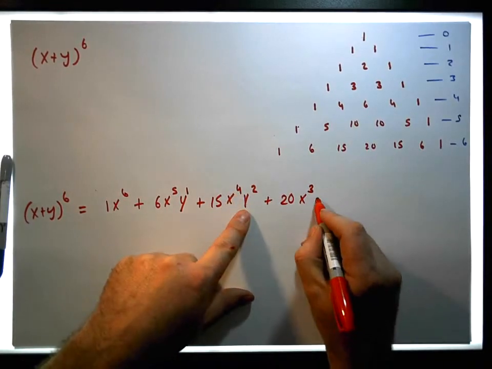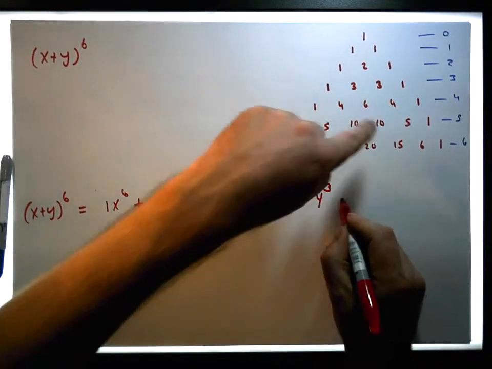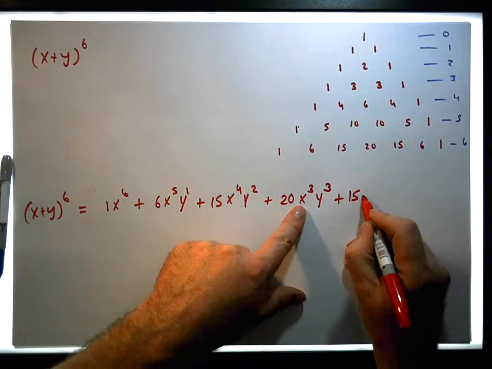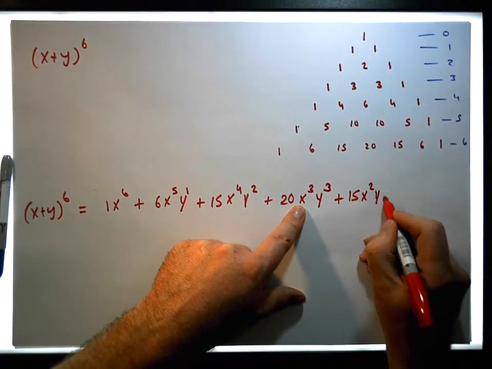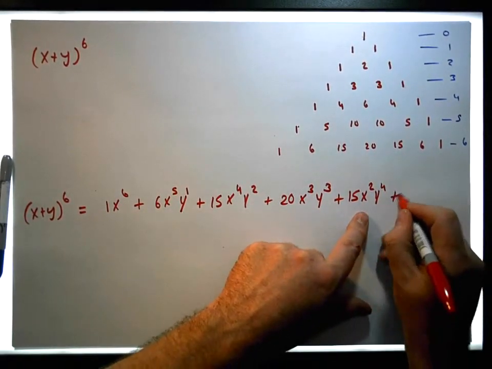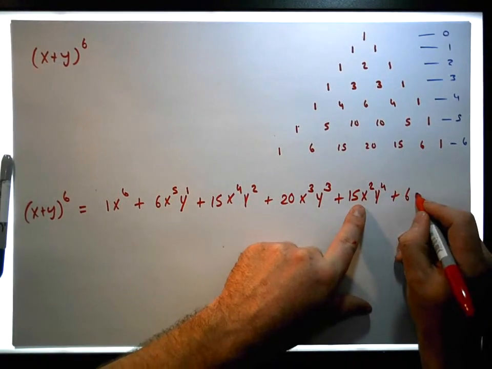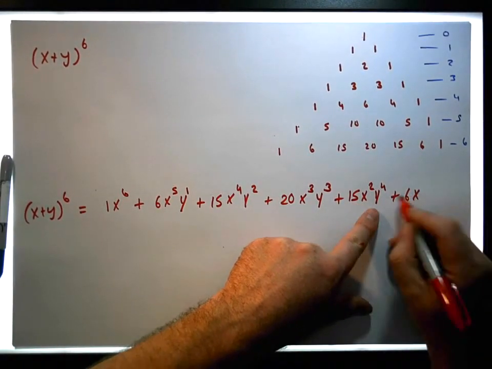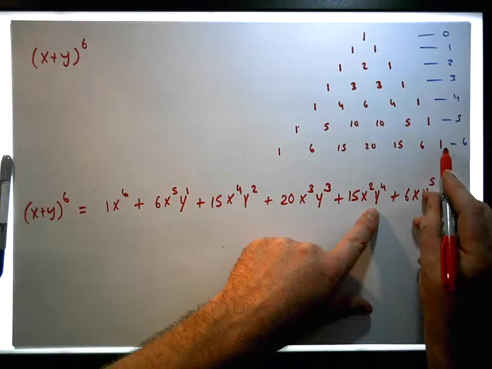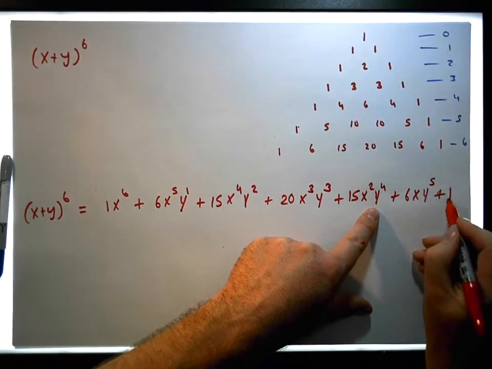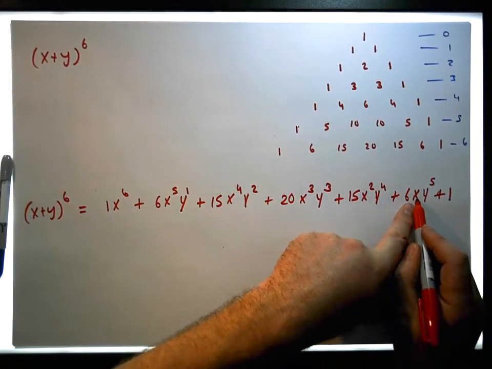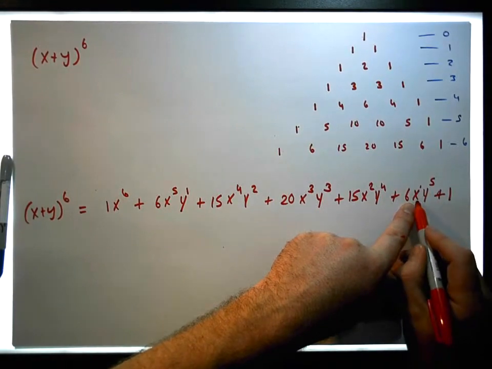decrement the x down to a 3, increase the y up to a 3, plus 15, decrement the x down to a square, increment the y up to a 4, plus 6, decrement the x down to an x, and the y goes up to a 5. Okay, plus 1 what? Well, the x is going to get decremented from the 1 here down to a 0, which is just 1.